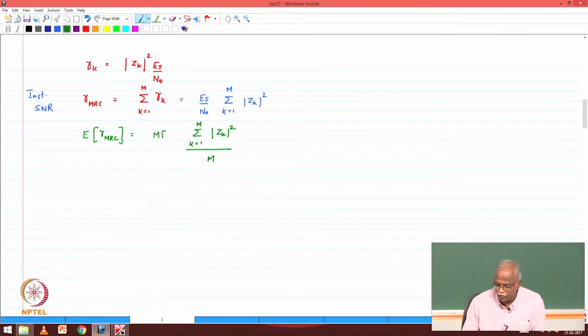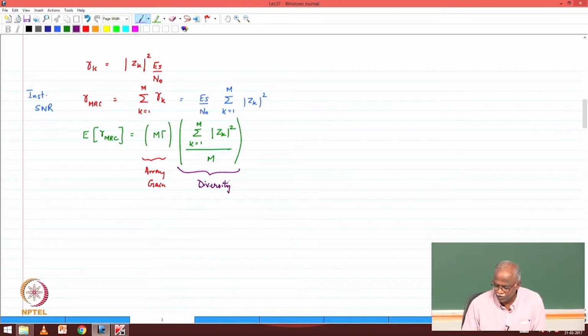This is an important form, which says that I get a component which is array gain, and then the other one is the diversity gain. That's an instantaneous benefit. Array gain is an average benefit.